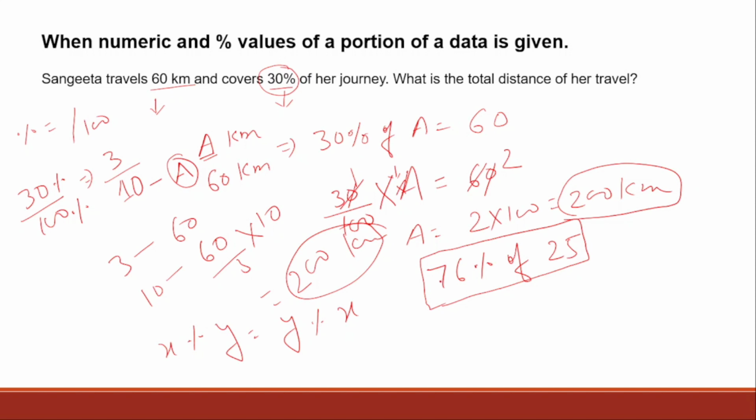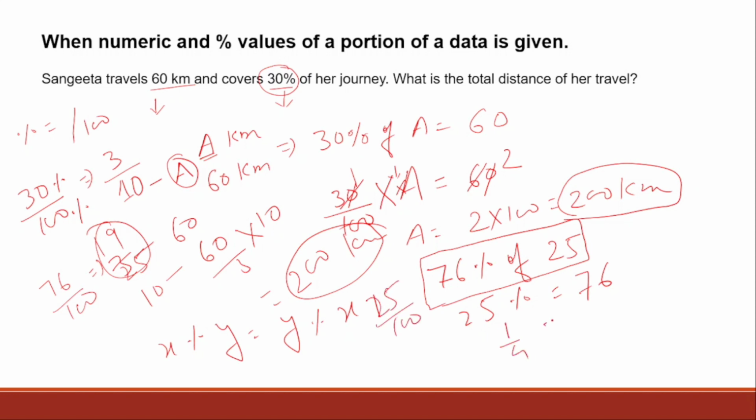So 76% of 25 is a bit difficult, since 76 by 100 becomes 19 by 25, which is quite difficult to solve. So we can simply write down 25% of 76, because x percent of y equals y percent of x. Now 25% will be 25 by 100, which is 1 by 4.